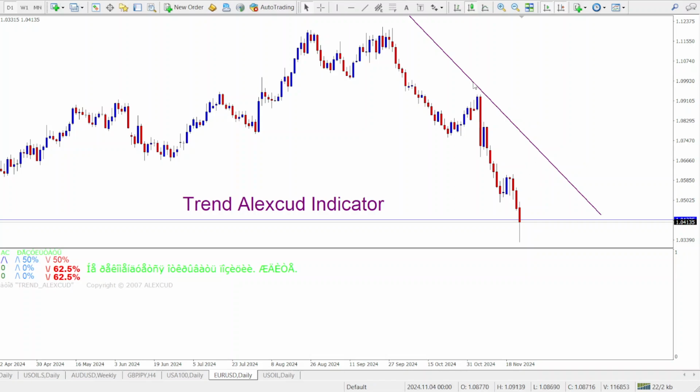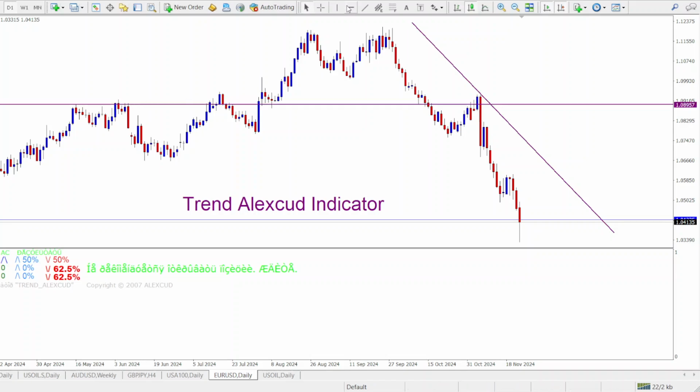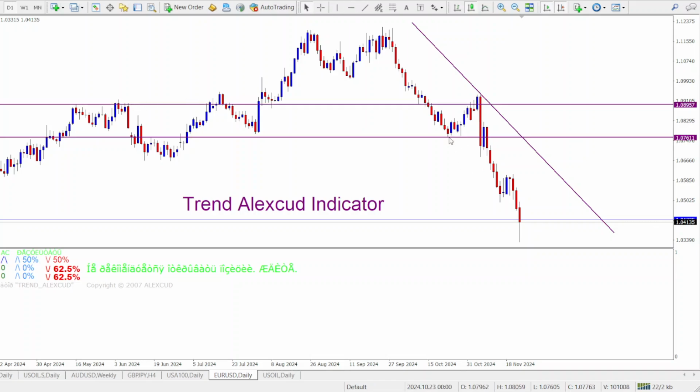For example, when you have identified that this is a bearish trend formed by lower highs and lower lows, look for precise entry points on your chart. For example, you can look for bearish candlestick patterns. Watch out for chart patterns or bearish candlestick patterns that signify a sell move.